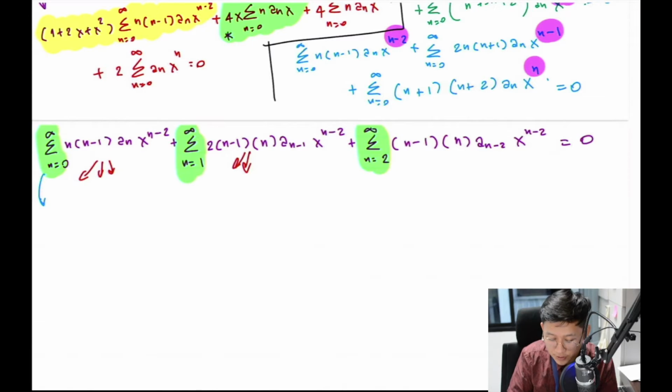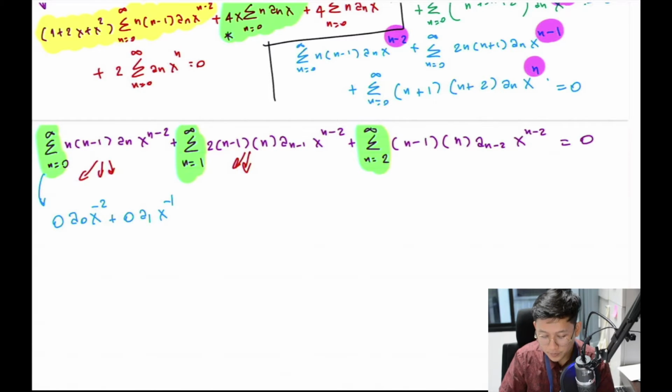Okay, so the first guy here, n is 0. If n is 0, the whole term is going to be 0, right? So we get 0 a0 x to the minus 2, right? Plus, when n is 1, we're going to get 0 as well, a1 x to the minus 1. And then when n is 2, we get the summation from 2 to infinity, n minus 1 a n x to the n minus 2.